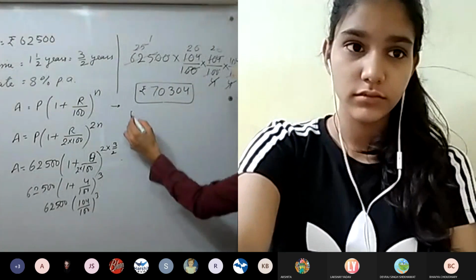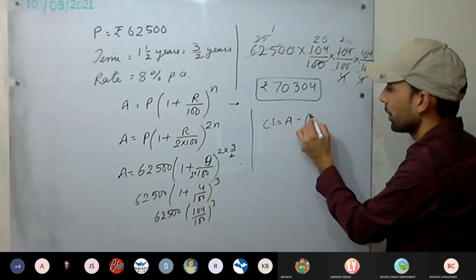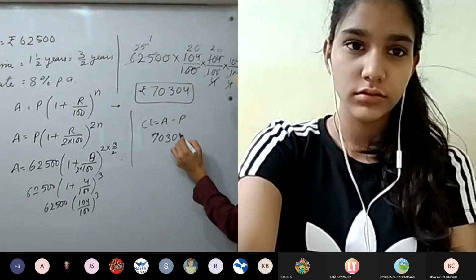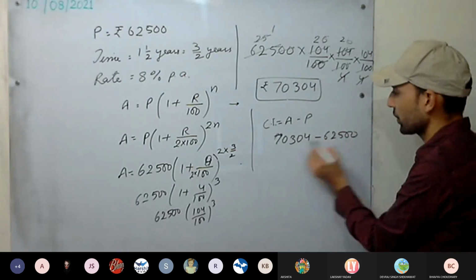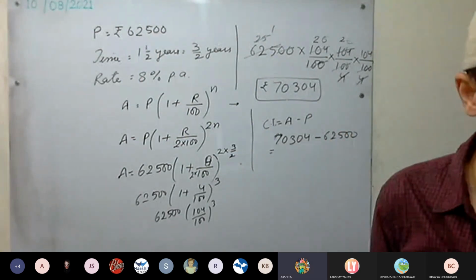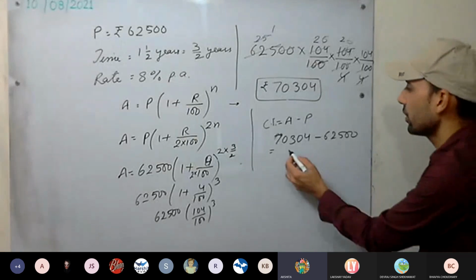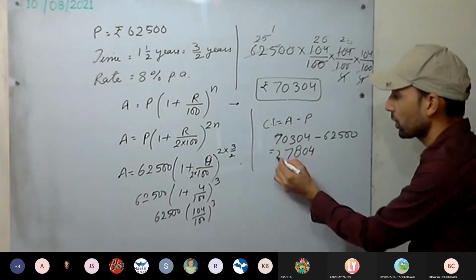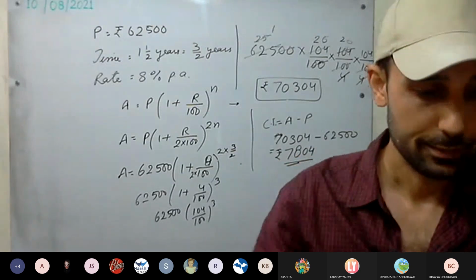Compound interest will be amount minus principal. 70,304 minus 62,500. Calculate it. So 7,804 rupees. This is the compound interest, okay?